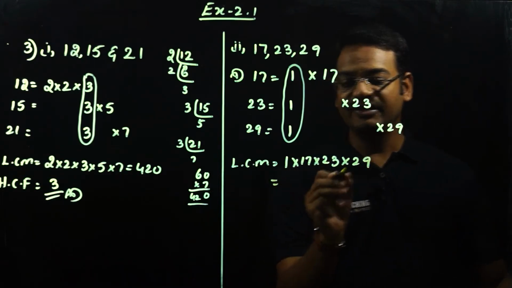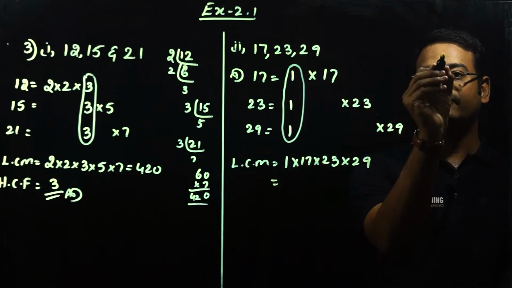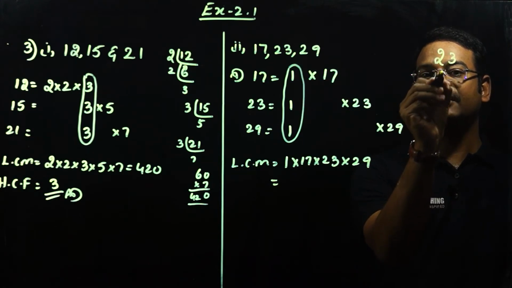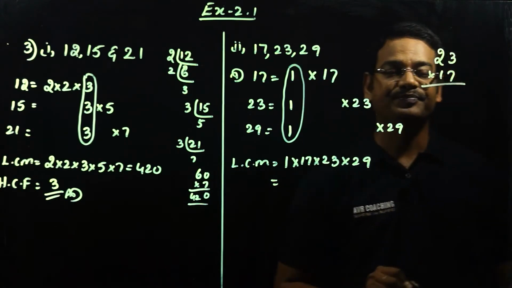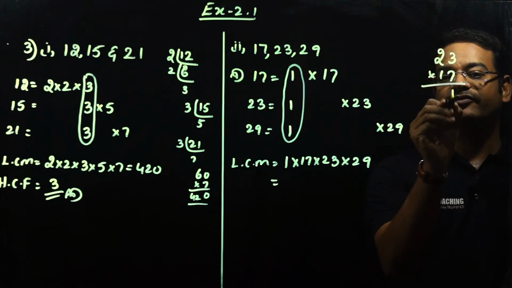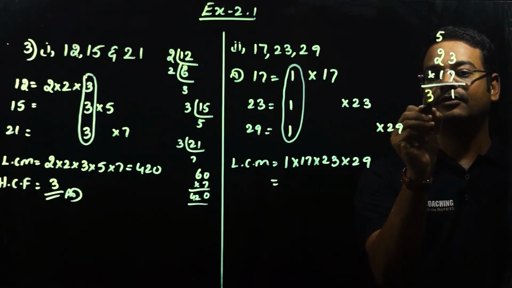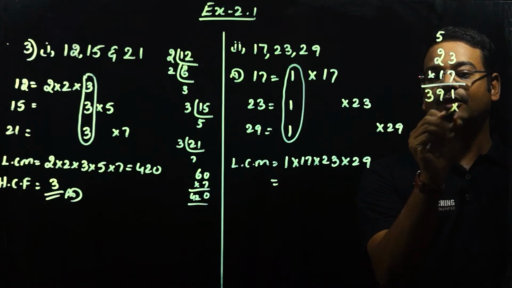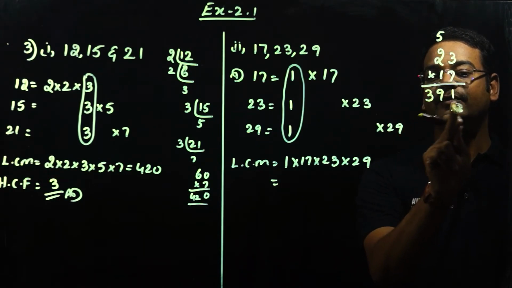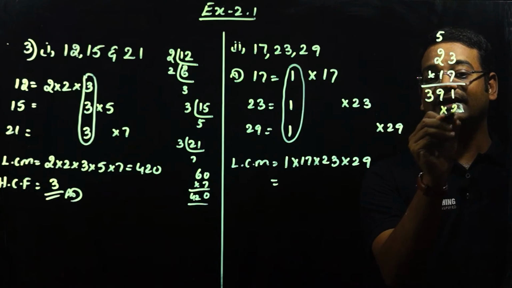So LCM will be 17 into 23. First multiply 23 into 17. 17 3s are 51, 17 2s are 34 plus 5, 391. Now again this 391 should be multiplied with 29.